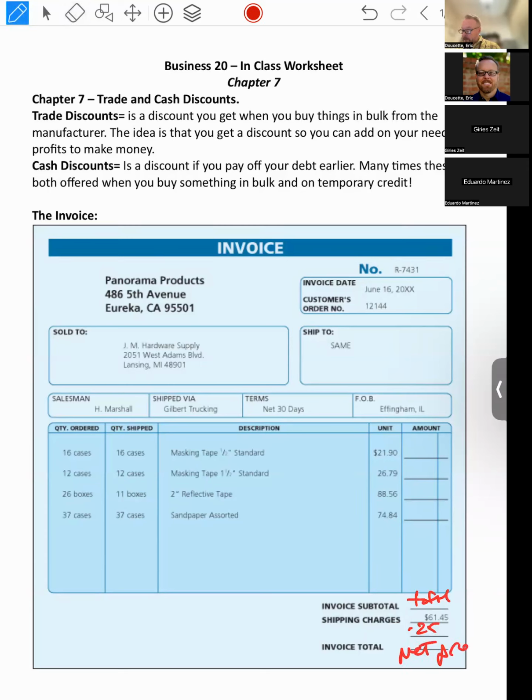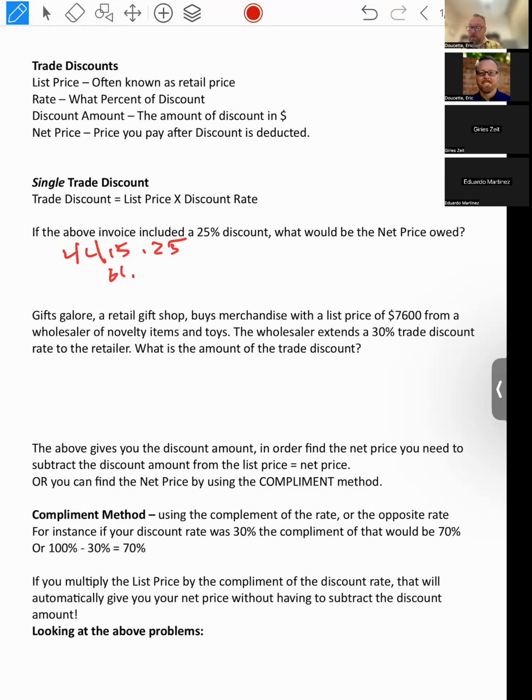Well, I did do the math on it, and the math came out to $4,415.25. But then we had to add the $61.45 shipping costs. So the total came out to $4,476.57.